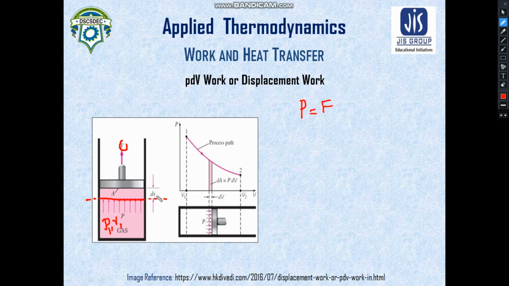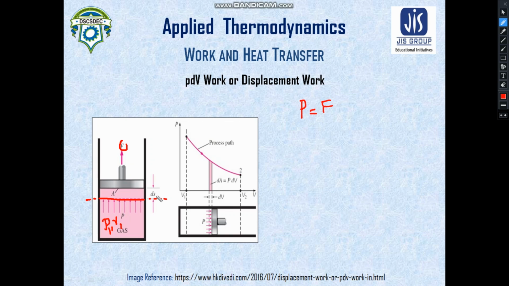So this is all happening because of the motive force of pressure which is applied by the gas on the piston. Now we are treating this gas as our thermodynamic system and the piston as our surroundings.